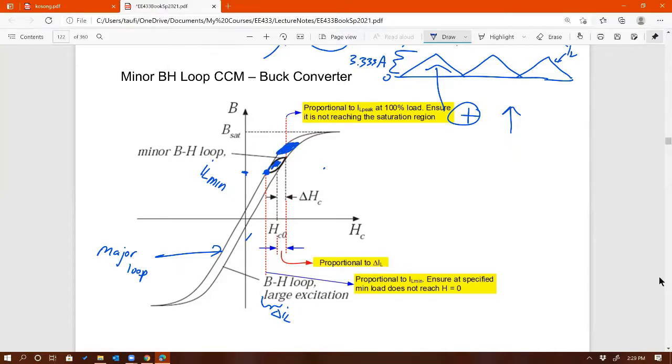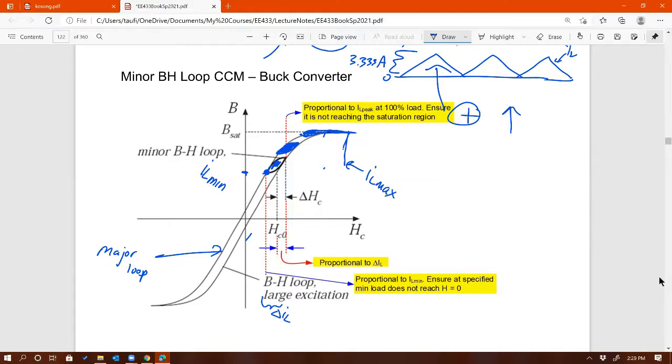And then what if I keep increasing the current even more? Then for the same area, if I increase the current to this point, you can see that in order to have the same area, it has to go all the way to the saturation region right there. I don't know if that's the same area or not, but assume that they're the same area. So it's pushing the H, which corresponds to IL max, to the saturation point.